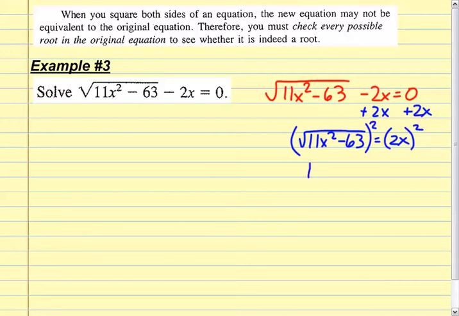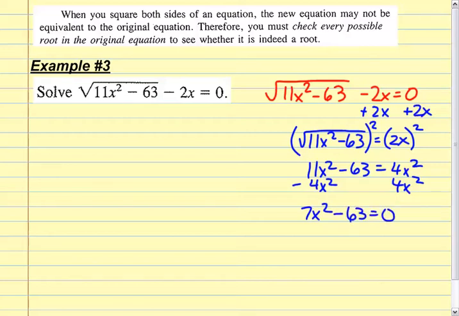And that's going to give me 11x squared minus 63. But remember, it's 2x squared, or 2x times 2x, which gives me 4x squared. Now, I'm going to subtract 4x squared from both sides, and that's going to give me 7x squared minus 63 is equal to 0.